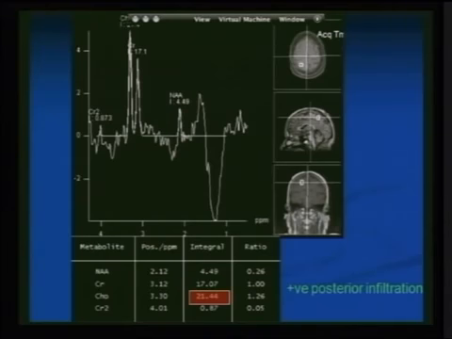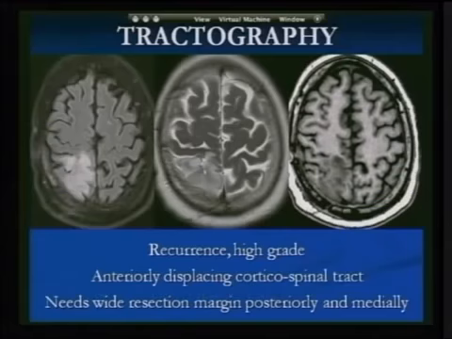So by this advanced package, we can give the surgeon these data: this mass is actually a recurrence, it is of high grade, it is displacing the corticospinal tract anteriorly, and it needs a wide resection margin posteriorly as well as medially.